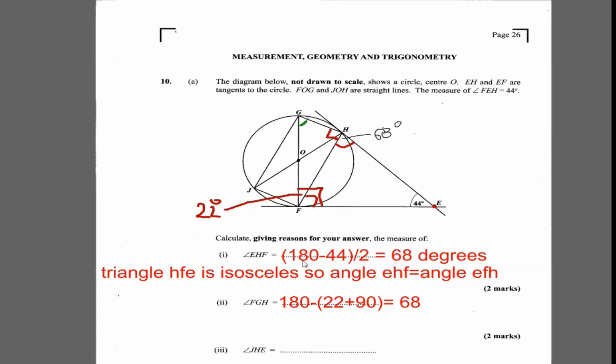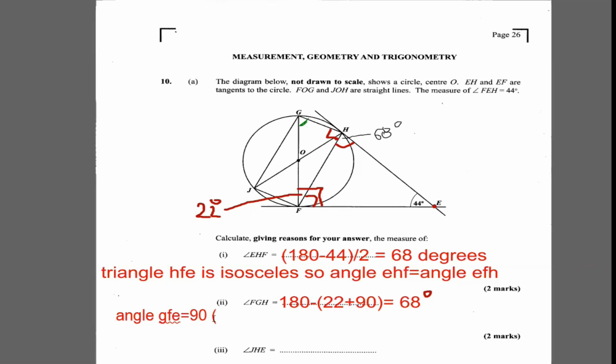Then what is the reason? Of course, you're going to tell them that angle at H is 90 because angle in a semicircle is 90. And then this is 22 because angle between a tangent and the radius is 90. So you can tell them that angle GFE equals 90, and make sure you tell them why this angle is 90.